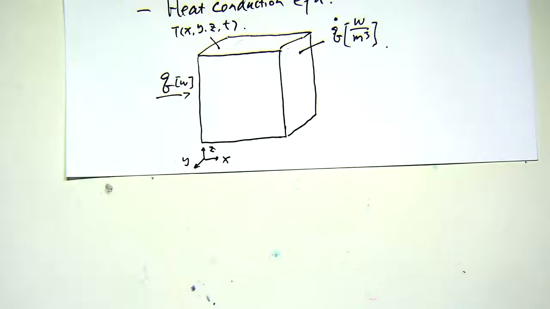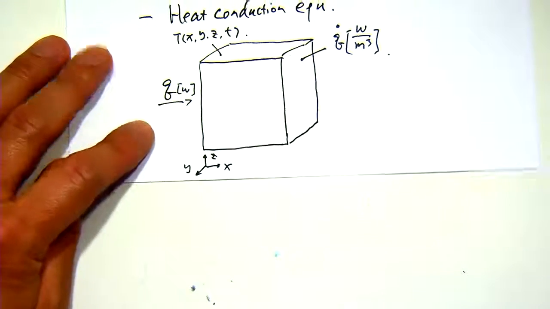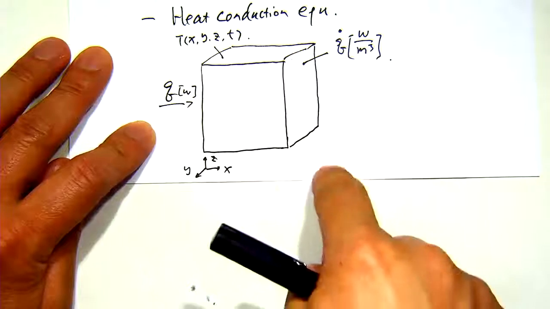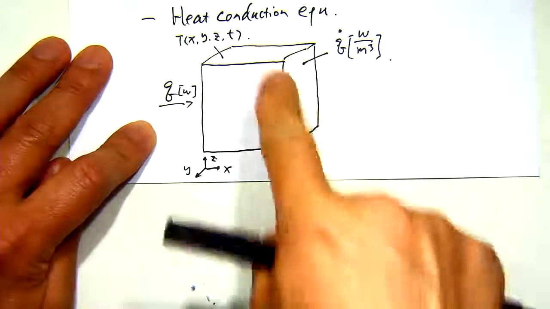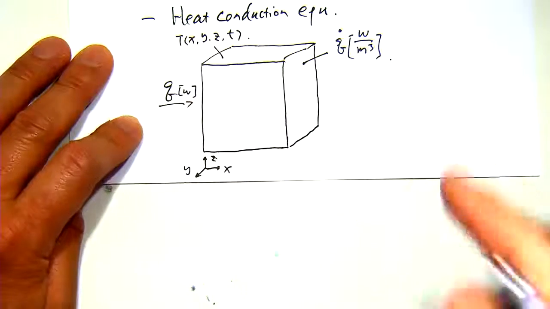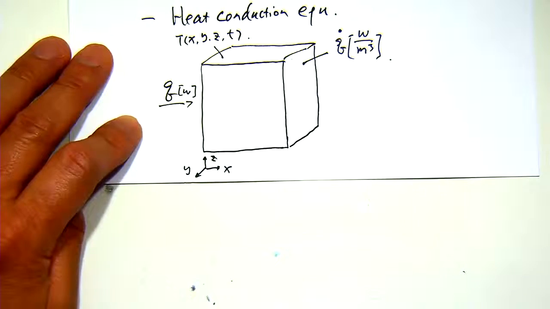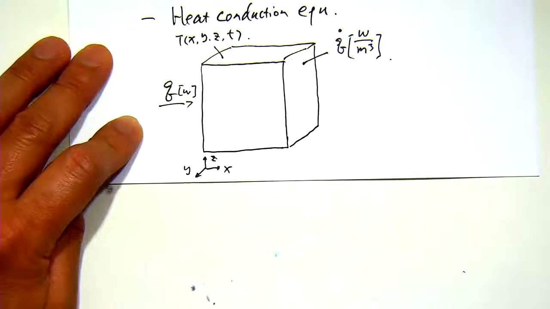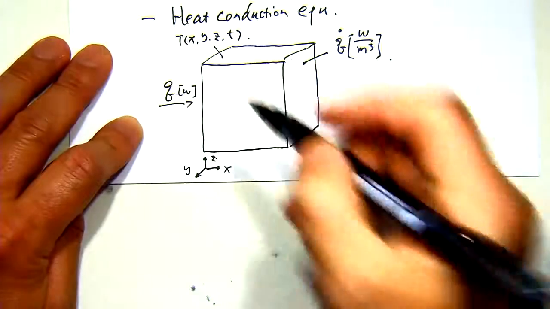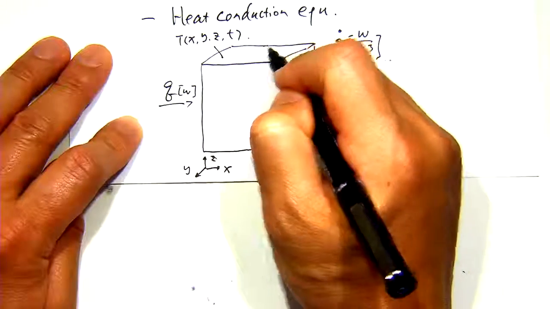The first step is to select the object so we can apply our first principle. And in this case, we want to know the distribution. What we do is start with a differential control volume, because if we select the whole thing as a control body, there is not much information we can gain in terms of the local value inside. So in order to find local values, we want to select a differential control volume.